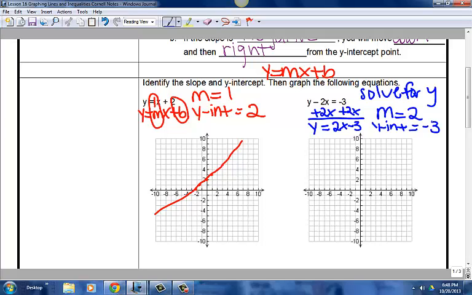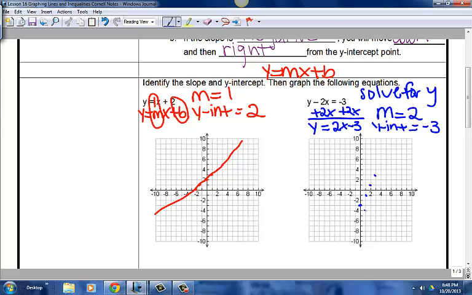To start, we're going to graph our y-intercept, our negative 3. So I'm going to go down to negative 3 on our y-axis. Now I have my slope of 2, which is always just 2 over 1. So I'm going to go up 2 units and over 1. I'm going to do this for a few more points: up 2 and over 1, up 2 over 1.